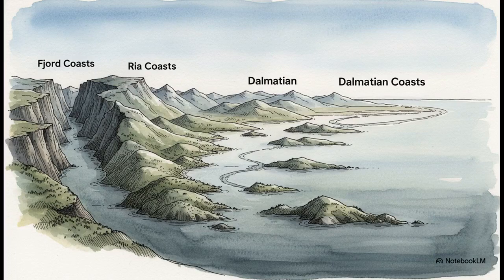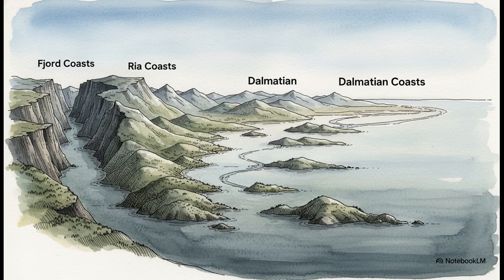But get this, coastal landscapes aren't just shaped by waves, they are also dramatically altered when the sea level itself changes. When the sea level rises and floods the existing topography, we get what are called coastlines of submergence, and nature provides some absolutely stunning variations here. If the sea floods a regular mountain valley, you get the branching V-shaped ria coasts, like you see in northwest Spain.